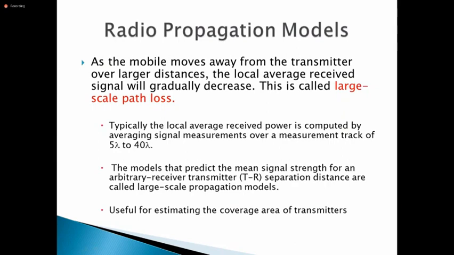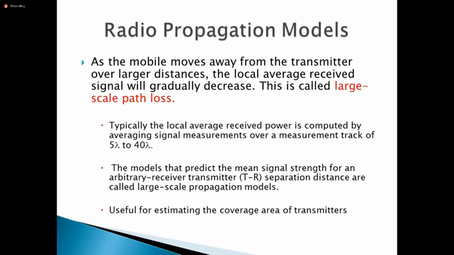Right now, there is another one called the large scale path loss. I told you there are two propagation models: small scale fading and large scale path loss. The second one is what?